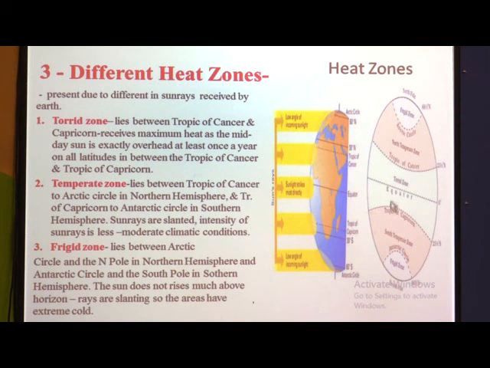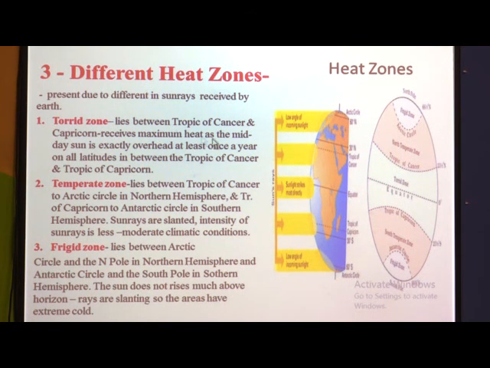Then children, this part receives maximum heat. Why? Because here the sun, can you see this picture of sun? The midday sun is exactly overhead at least once a year on all the latitudes between Tropic of Cancer and Tropic of Capricorn.